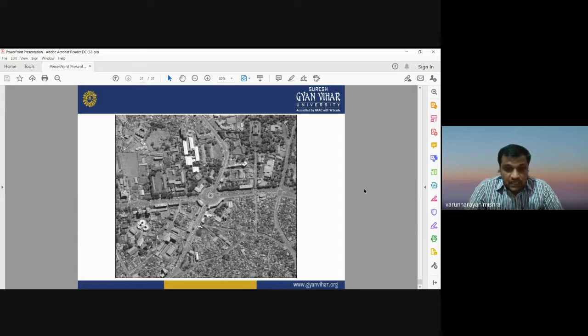The images provided by high resolution earth observation satellites can be very much useful for land record management, for digitalization of different land records, land parcels, cadastral mapping, and that can also be used for the development of special economic zones, different industrial and commercial activities on the earth surface, and these are the part of the land information system. So earth observation series of satellites can provide you very good details, images of an area that would be very much useful for the land information system.